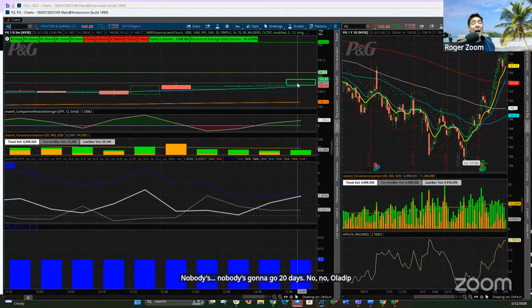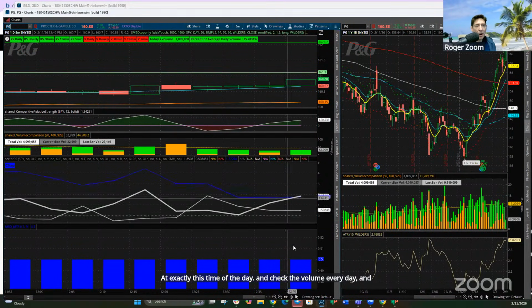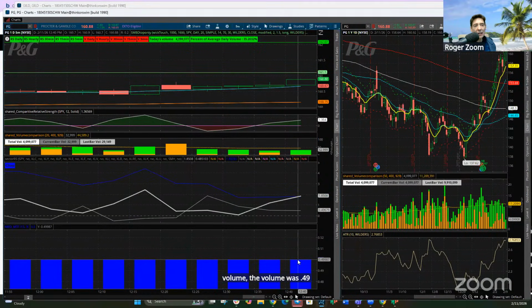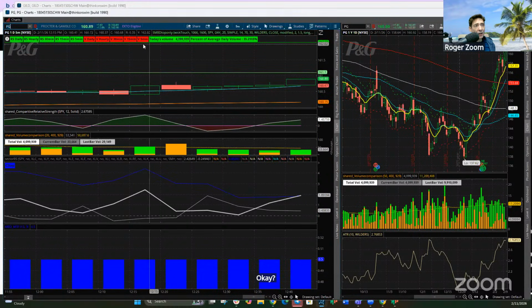I want you to go back 20 days at exactly this time of the day and check the volume every day and tell me if this bar's volume was higher. If this bar doesn't turn green, then that means it's not. That, my friend, is how I look at volume.